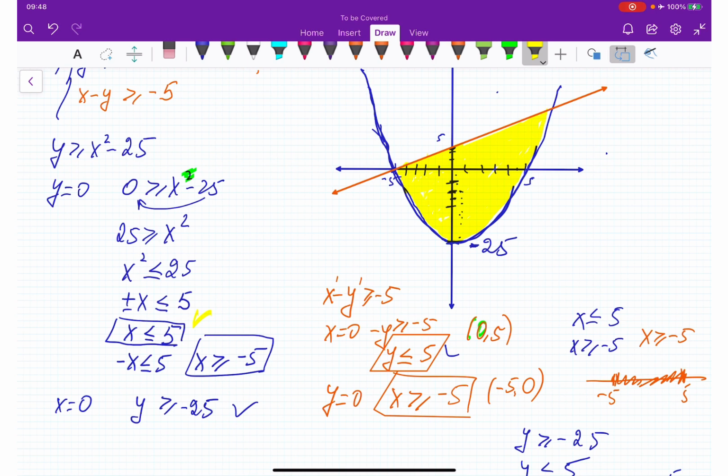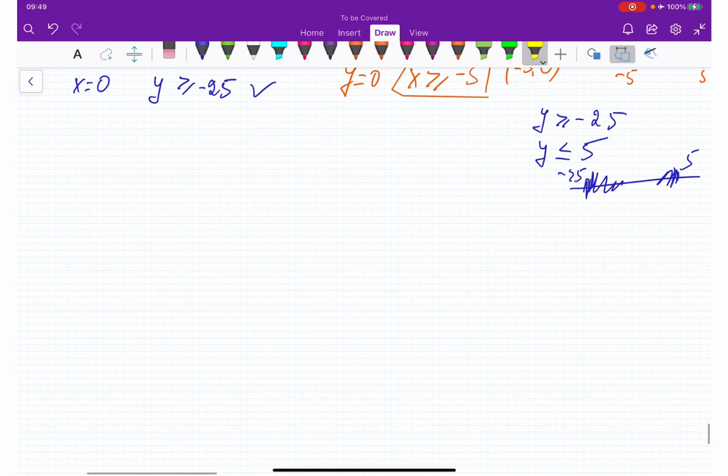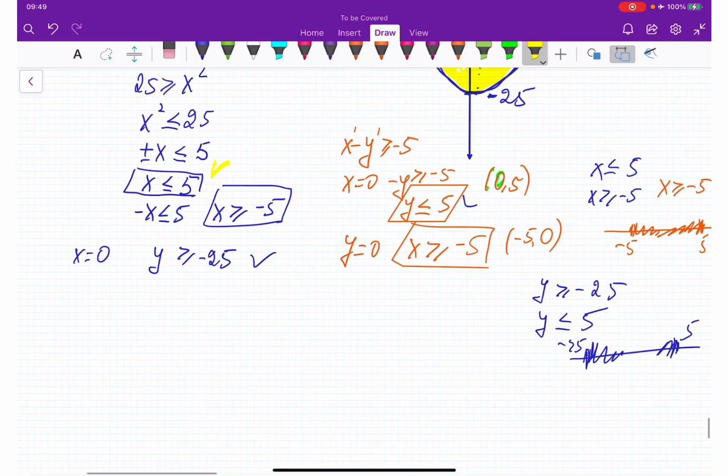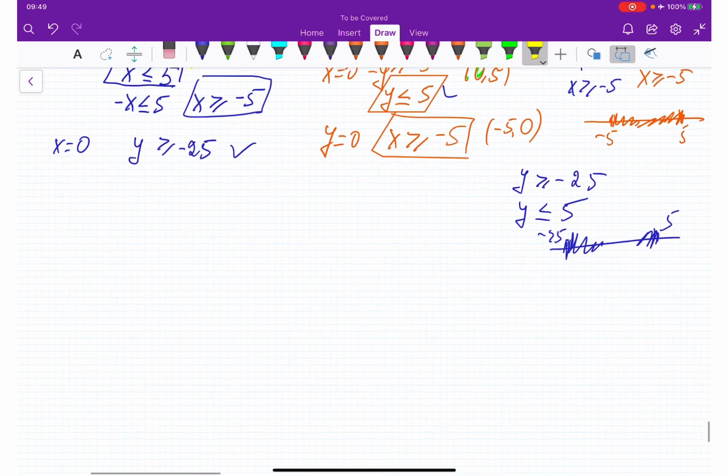Moving to the next question, it's going to be a circle. That's going to be interesting. Okay. Number 21.